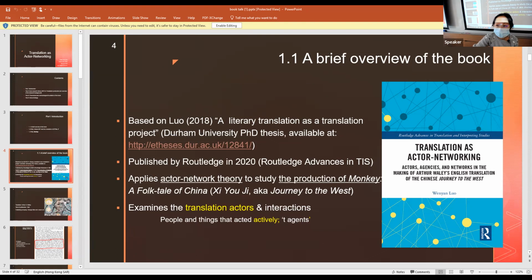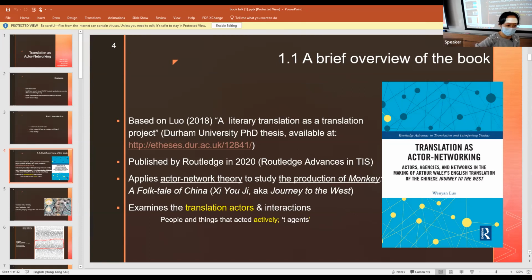I will later explain what actor means in ANT, and for now, to give you a general impression, by translation actors, I refer to the people and things that worked or acted actively in the production process of the translation.